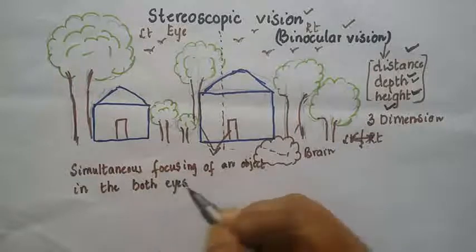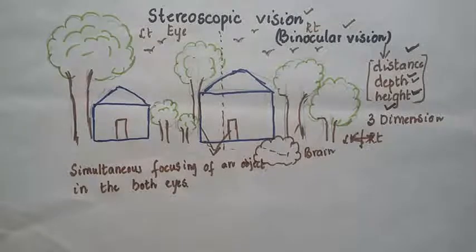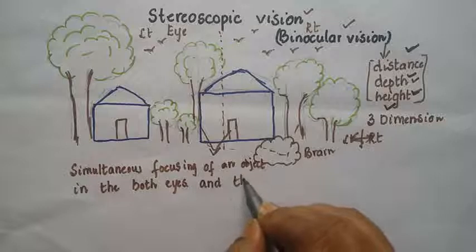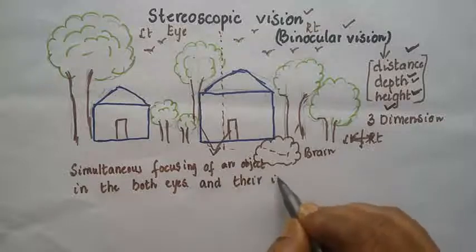I repeat, so how do we define the stereoscopic vision? It is the simultaneous focusing of an object in both the eyes, and their images.